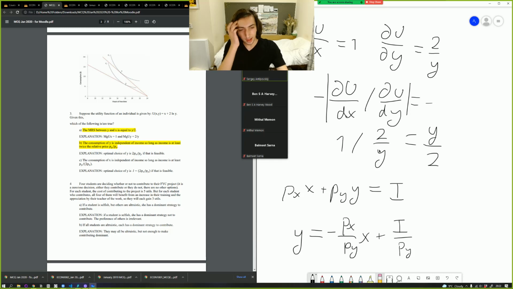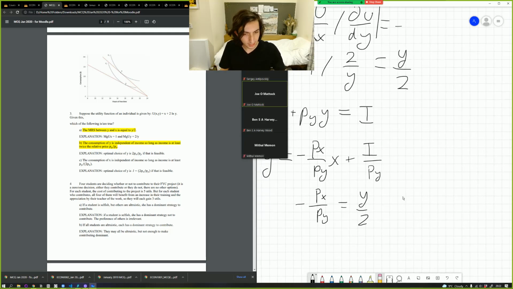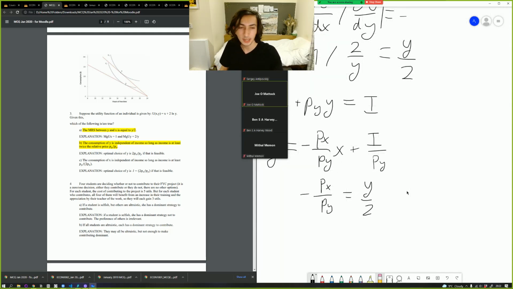Anyway, you're going to see here that the gradient is negative px over py, which is equivalent to y over 2. Cross multiplying, you would get that y is equal to negative px over py.